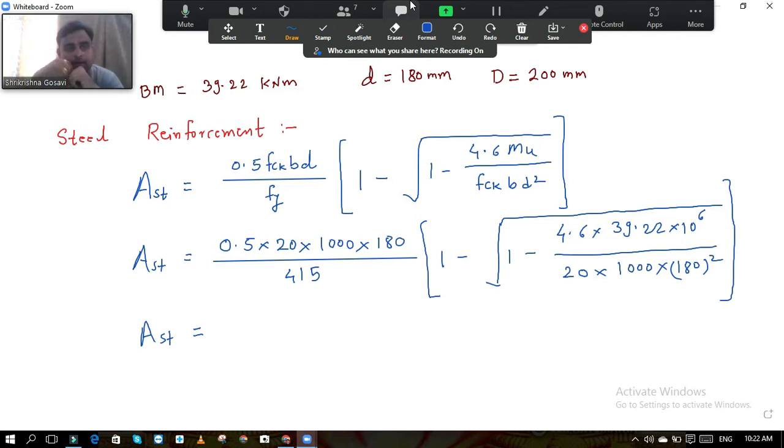Let me know the answer. 0.5 into 20 into 1000 into 180 divided by 415. Then 1 minus the square root of 1 minus this bending moment 39.22 into 10 raised to 6. So do this calculation fast. 180 is your effective depth, 200 is the overall depth. Let me know the answer of this. Solve it now.